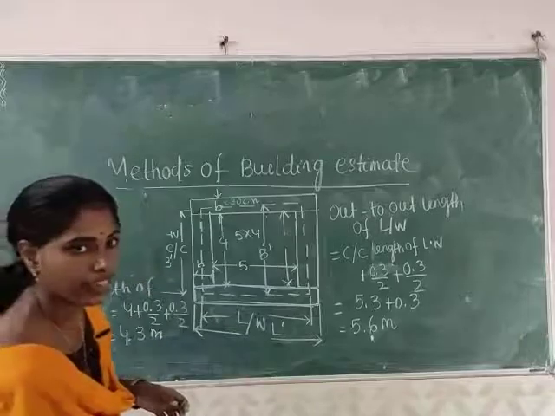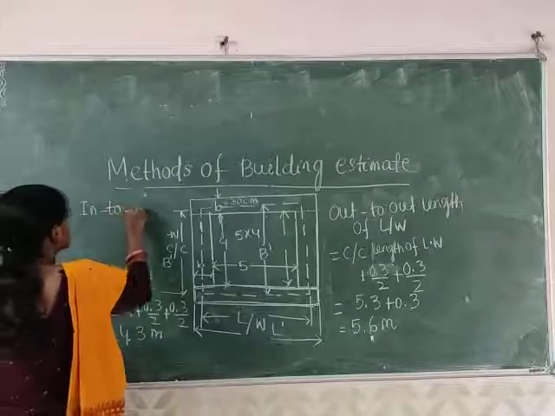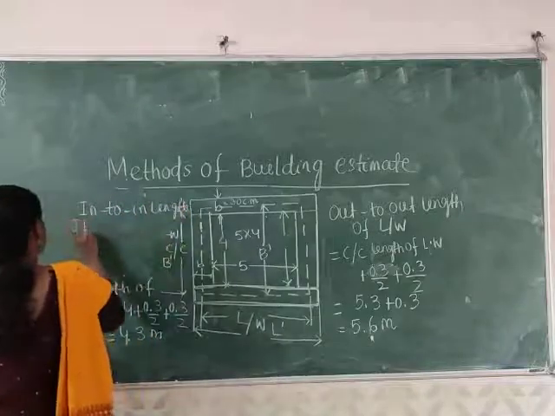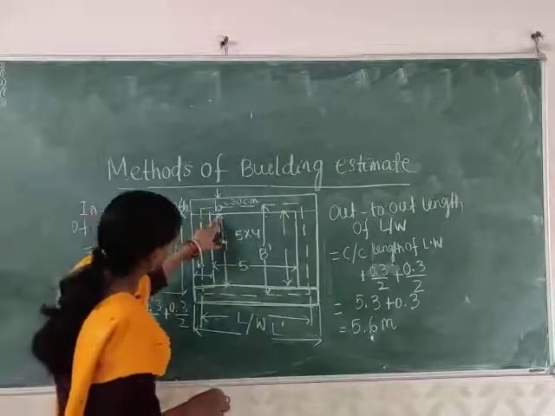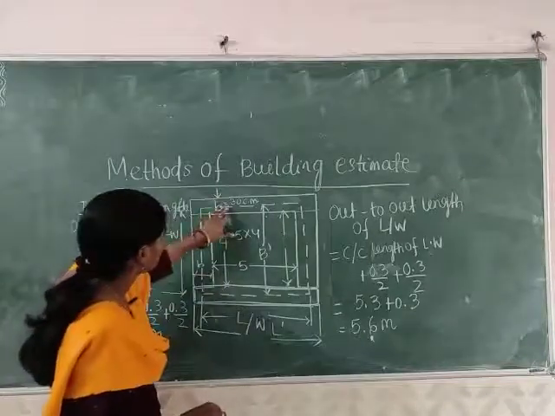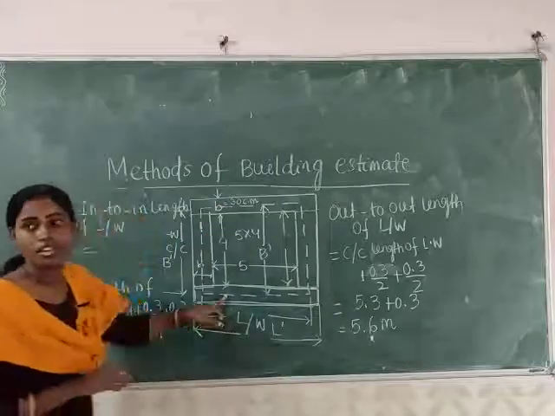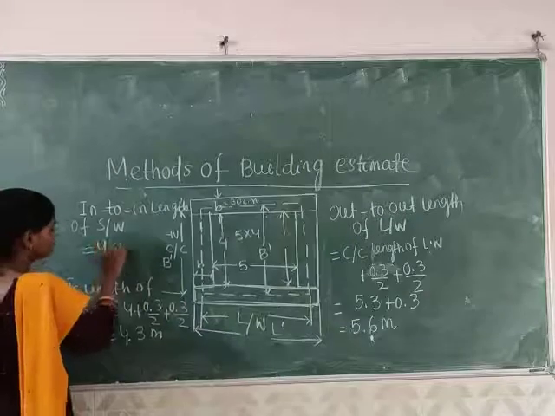Then we will calculate the in to in length of the short wall. We have the center to center length of our short wall, that is 4.3.